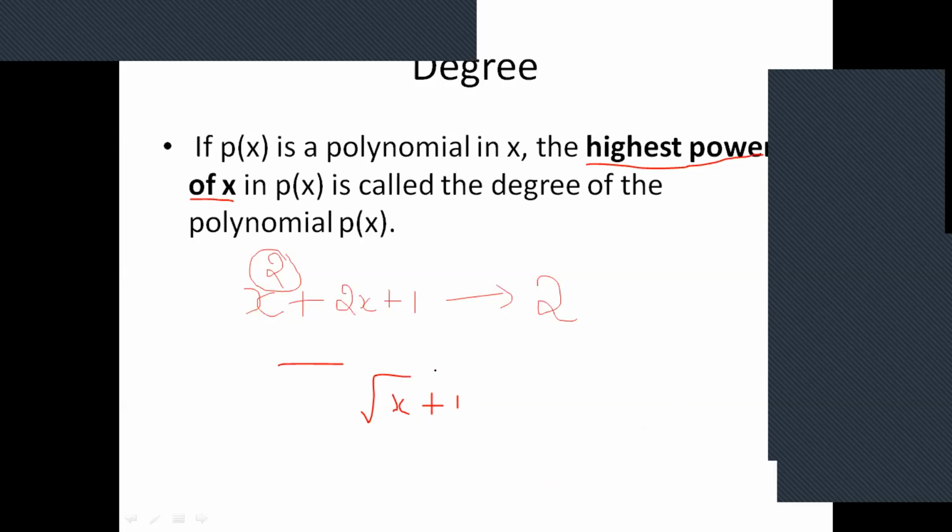I'm not saying that we will not come across these kinds of expressions. You may come across them in future when you go to higher classes. In that case, we will be using the rule that the degree has to be non-negative, that is, either 0 or greater than 0. That is the rule we have for the degree of a polynomial. So that is why root x plus 1 is not a polynomial, where the highest power of the variable becomes half. Correct?